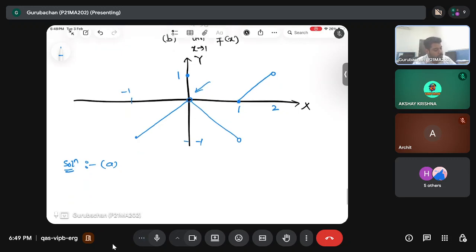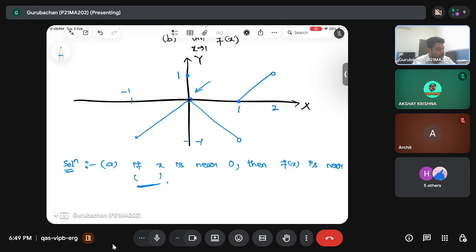How? So we talk about if x is near 0, then f x is near which value, that we have to think.